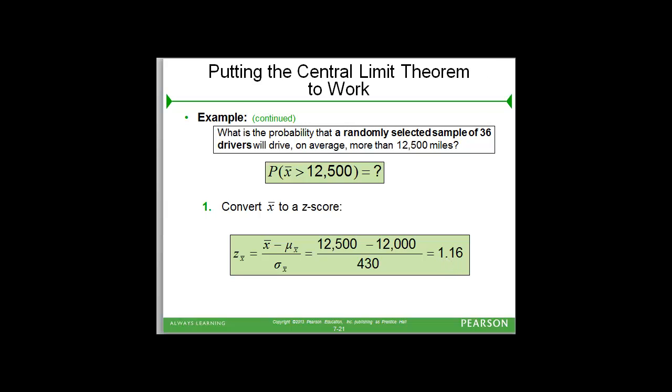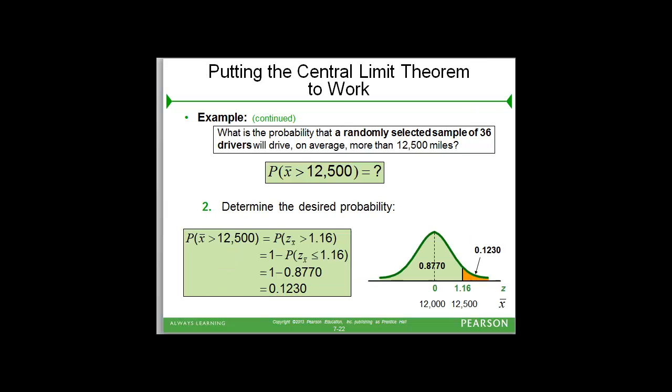Once you know the z-score of 1.16, we're going to use the z-table to find the probabilities. In the z-table, for the z-score of 1.16, this part is 0.8770.